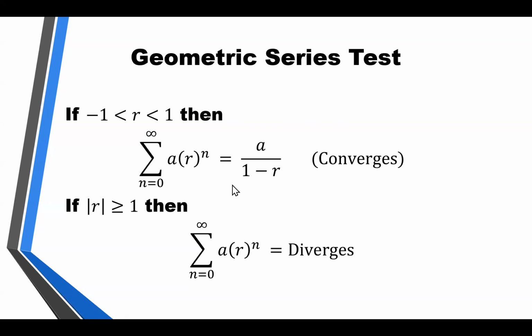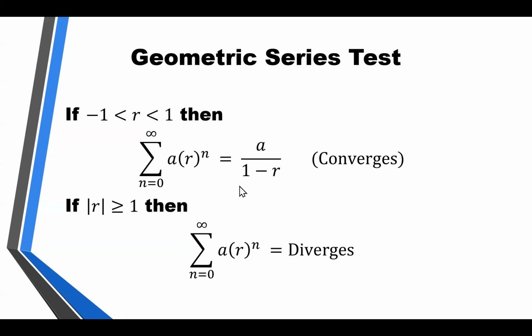Now, you may ask where this comes from. Like, what in the world is this doing? How are we getting this infinite summation is equal to a over 1 minus r? Well, obviously the a can be factored out of the infinite sum just because we can factor out any constant times things.